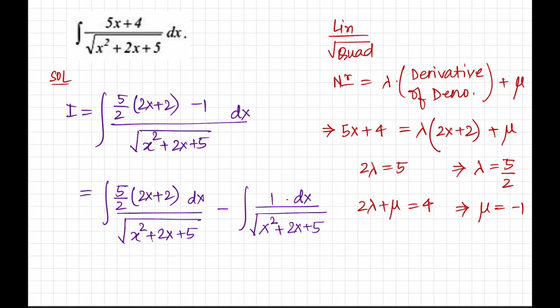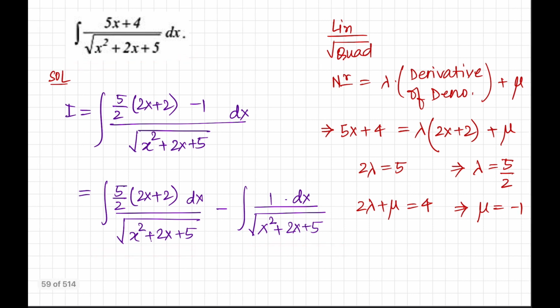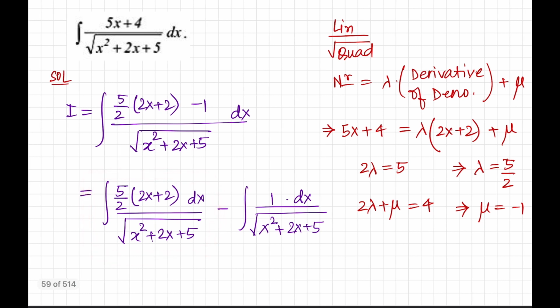तो अभी इस क्वेश्चन को हमने दो इंटीग्रल्स के फॉर्मेट में कर लिया है और दोनों को हम अलग अलग सॉल्व करेंगे. So let us take this integral as I1 and the other integral as I2.